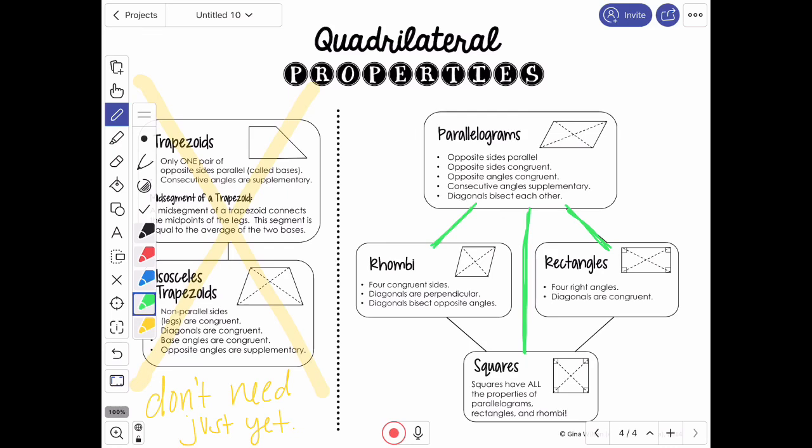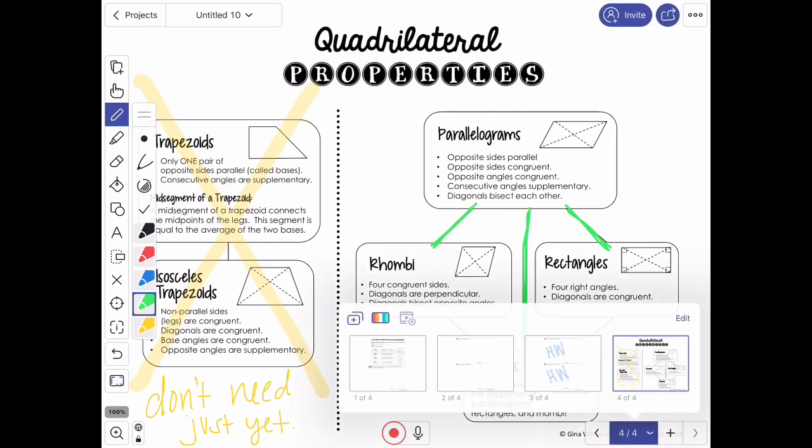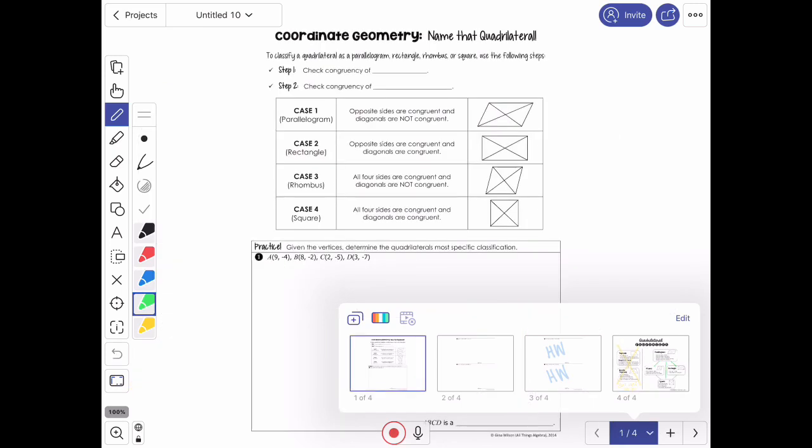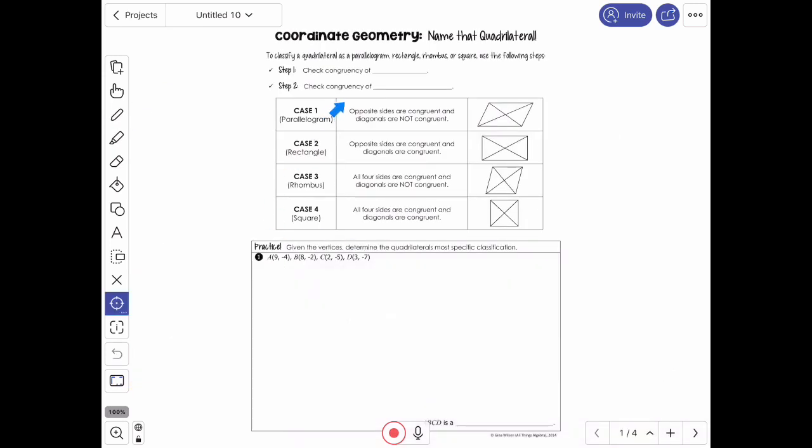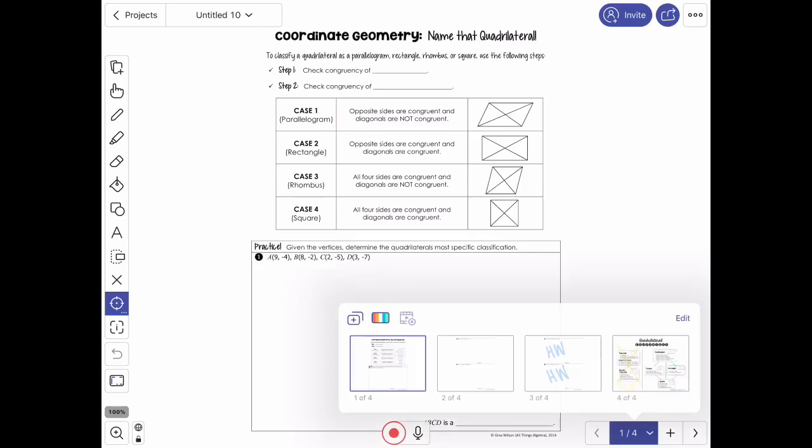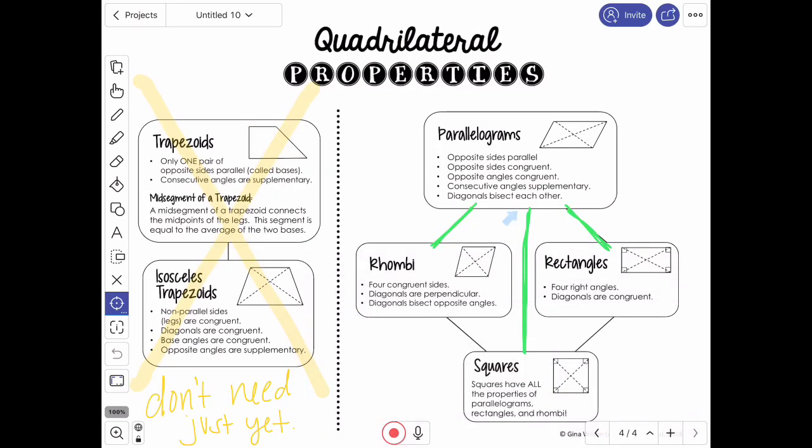So if you want to take a minute and make this sheet as pretty as you want. And I do want to say that the sheet we're working with today has a notes part at the top, and you could actually add these. For the parallelogram case, opposite sides are not congruent and diagonals are not congruent. It kind of mentions that in this thing, but it doesn't say it as explicitly. It says opposite sides are congruent here, but it doesn't say diagonals are not congruent. It just doesn't mention that diagonals are congruent at all.